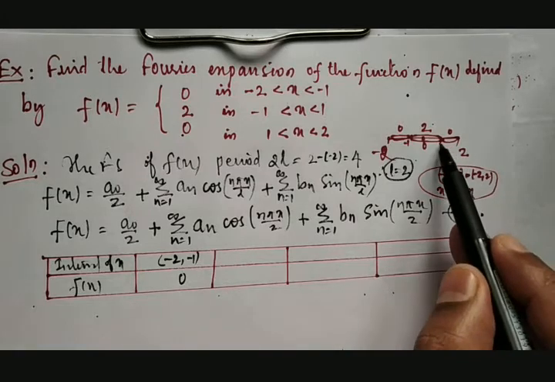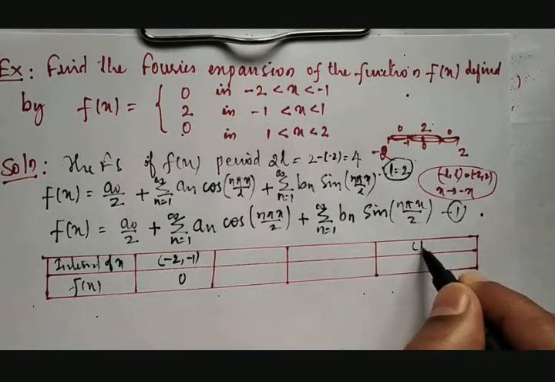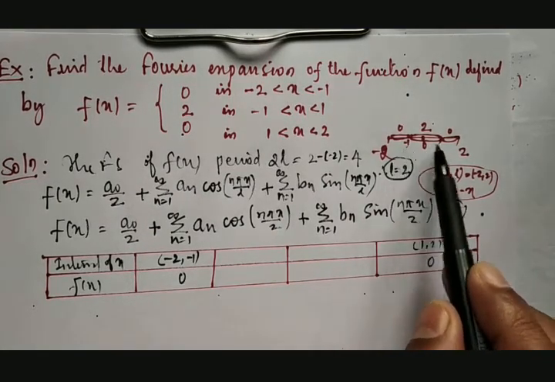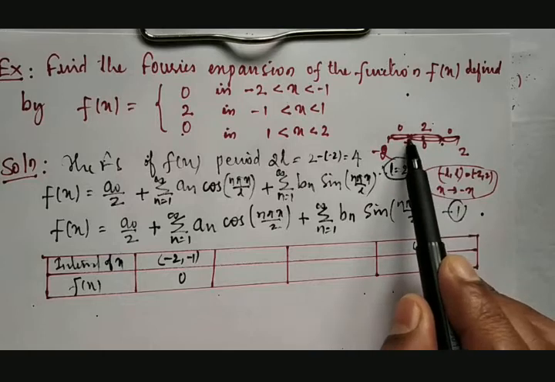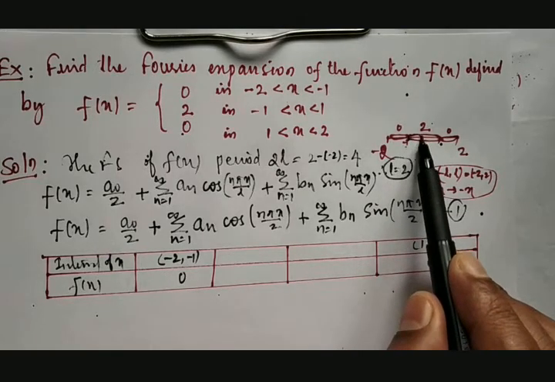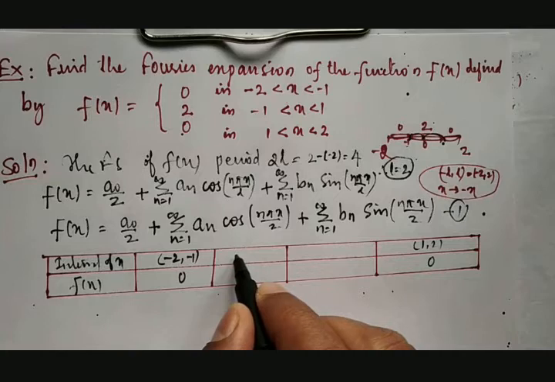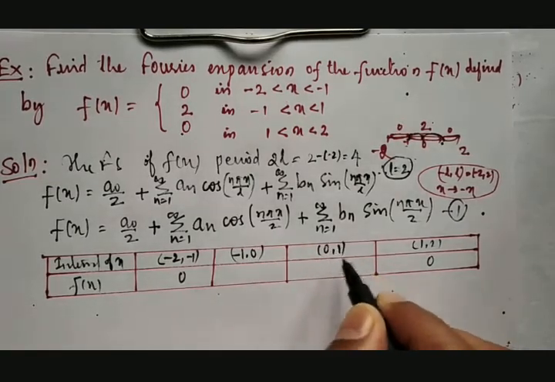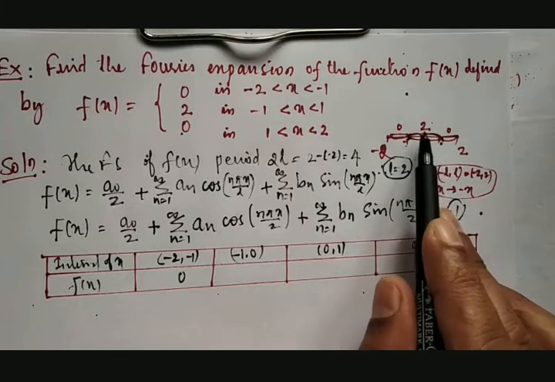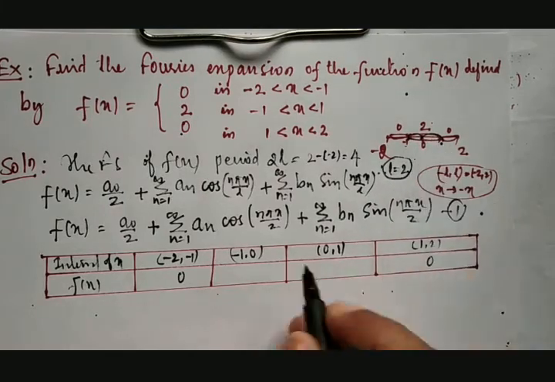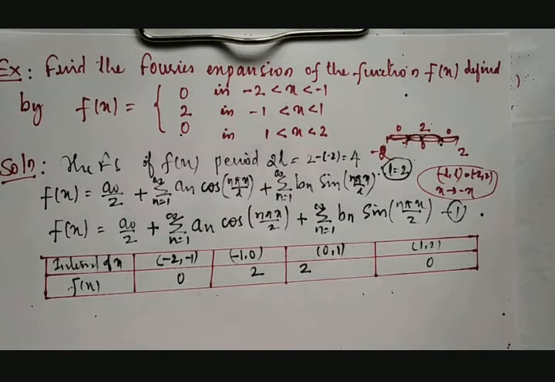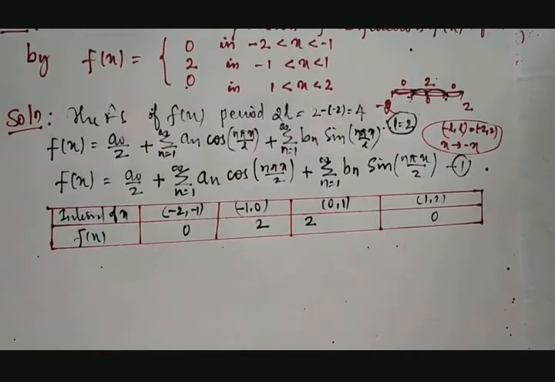Then between 1 to 2 also it is 0. Between -1 to +1, we have to take -1 to 0 and 0 to 1. But from here to here, the function remains the same. Clear? Now it has become 4 valued functions.